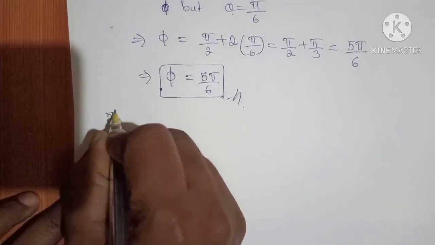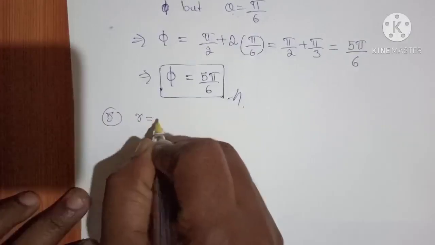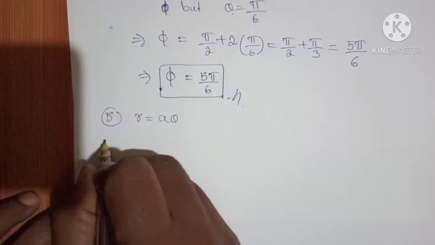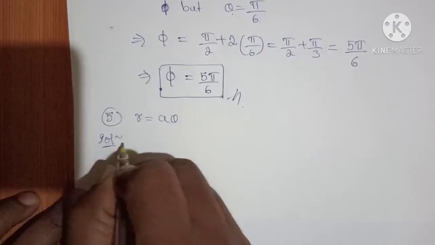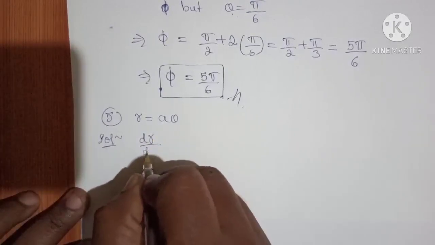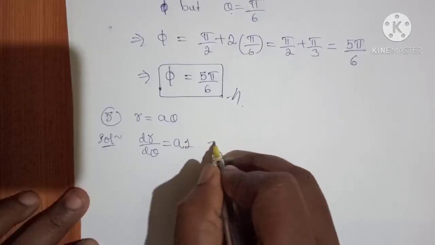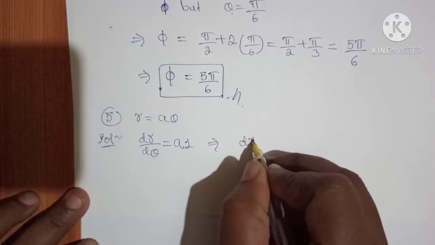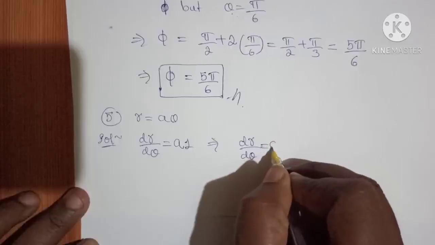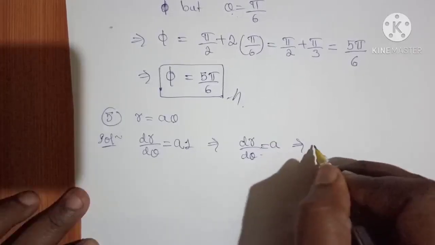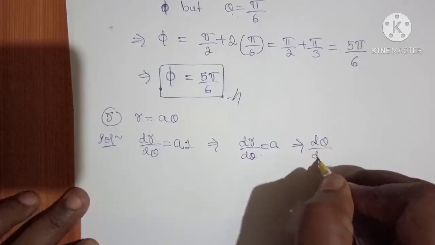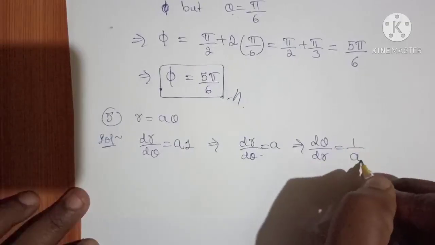Next example, r equals a theta. Solution: differentiating the given curve, we get dr by d theta equals a, which is constant, into the differentiation of theta, which is 1. That is, dr by d theta equals a. On taking the reciprocal, d theta by dr equals 1 by a.